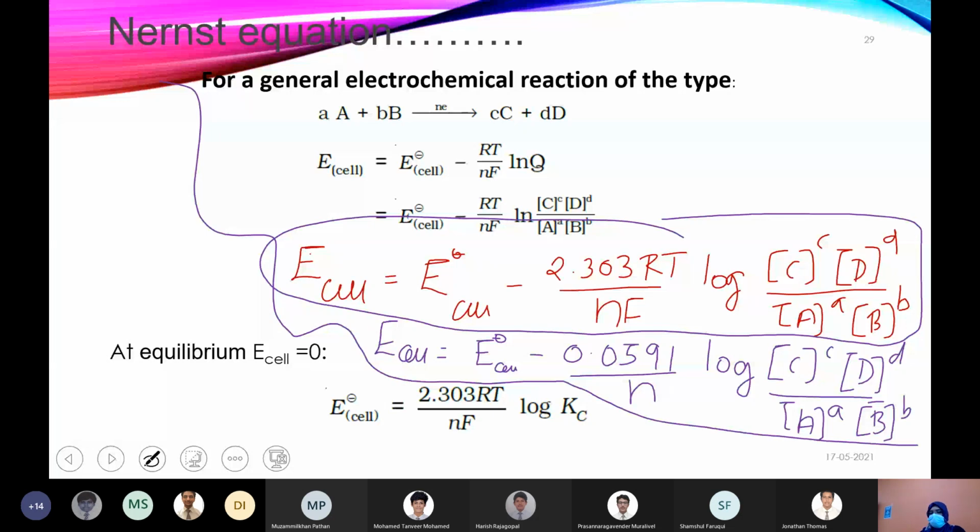Where you are getting 0.0591, you are taking the temperature as 298 Kelvin. If it is not 298 Kelvin, then you have to use the basic equation and substitute all the values. R is equal to 8.314 and the Faraday constant is 96,500 coulomb.